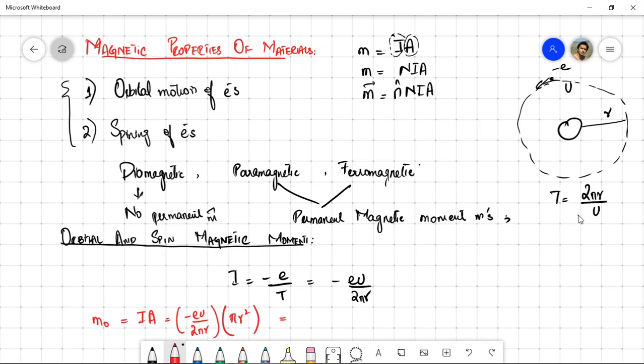This simplifies to minus eur over 2. This is the value of the magnetic moment produced due to the motion of this electron in this orbit when it is moving with an orbital velocity of u.